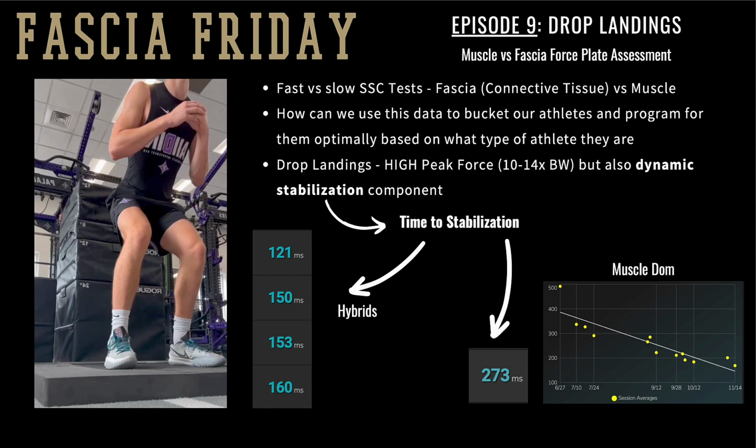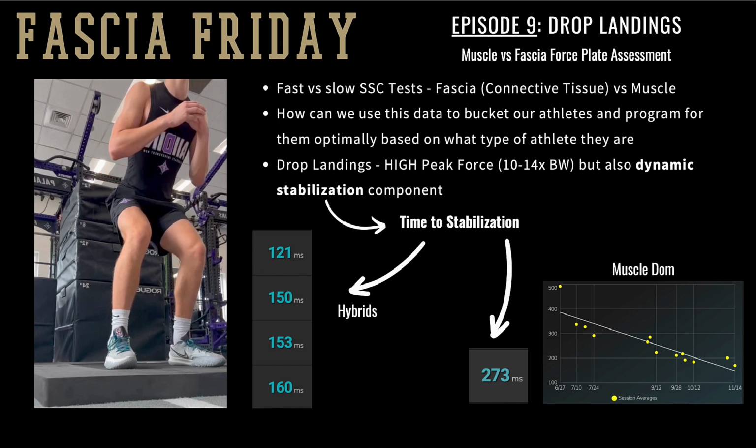It is our goal of this course to show you various tests, both quantifiable data with force plates, subjective analysis with pictures, with comments, with case studies, to show you how you can better train and more optimally train those athletes on the continuum, how you can keep a muscle dominant athlete's superpower, but how you can bring up his weaknesses, how you can improve his movement, how you can improve his plyometric ability by training the fascial system more, and how for a fascial-based athlete, you can improve their muscle capacity, you can improve their strength, you can improve their ability to play the sport for longer and be more robust, and be less likely to have soft tissue injuries.